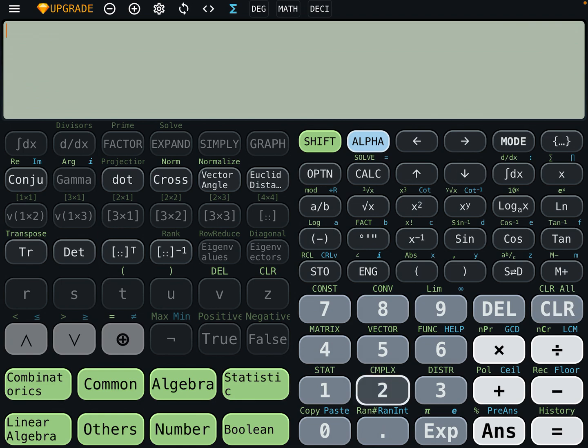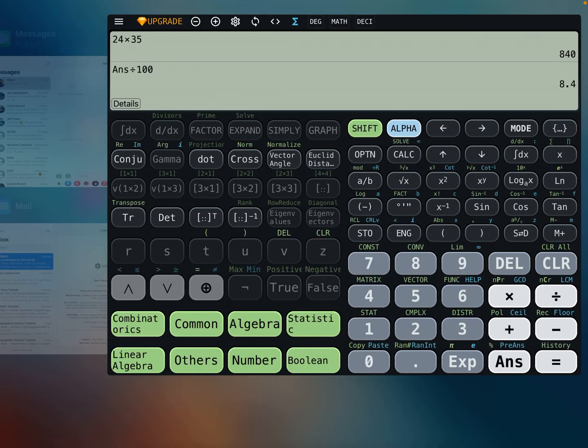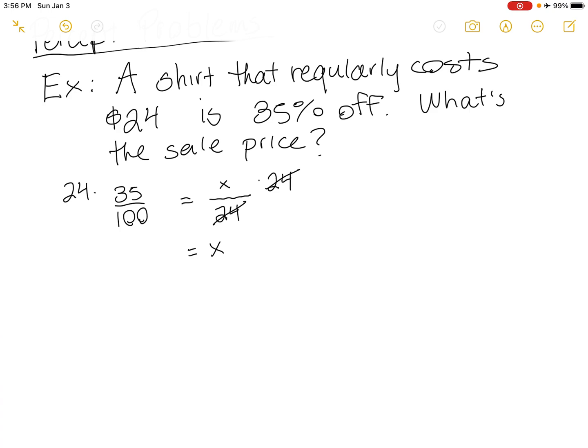So 24 times 35 is 840, divided by 100 is 8.4. Okay, so x equals 8.4. So that's actually $8.40. Okay, now that's how much you're saving, right? This is the discount.